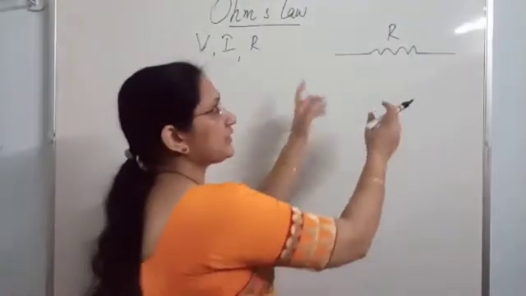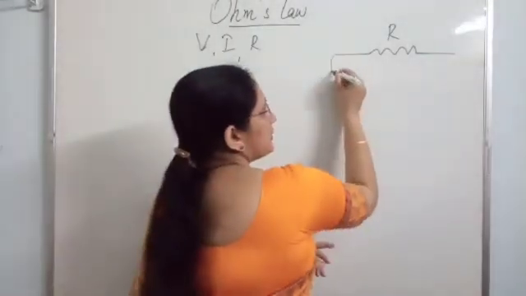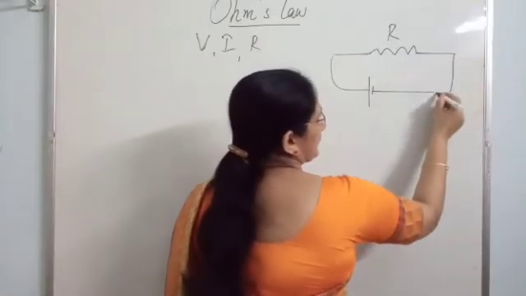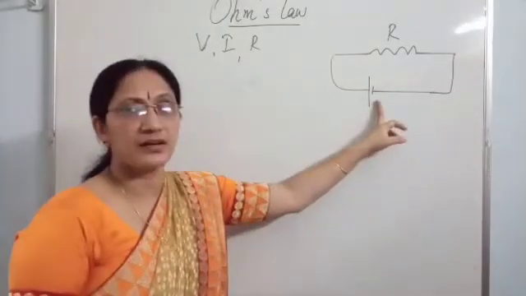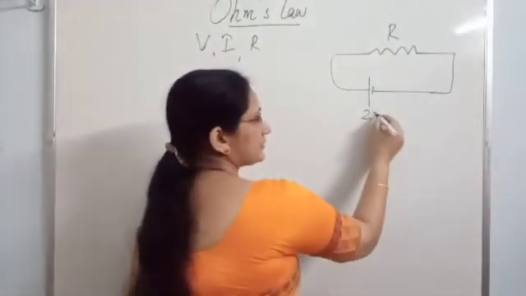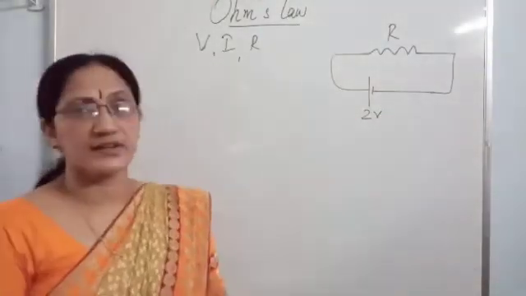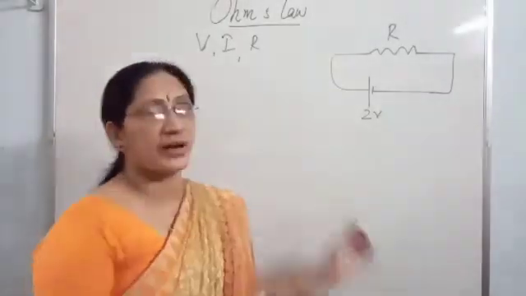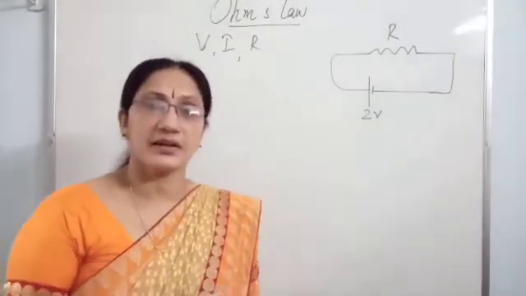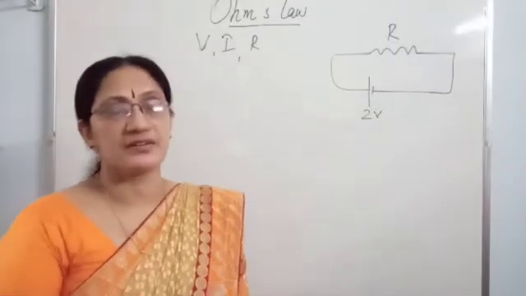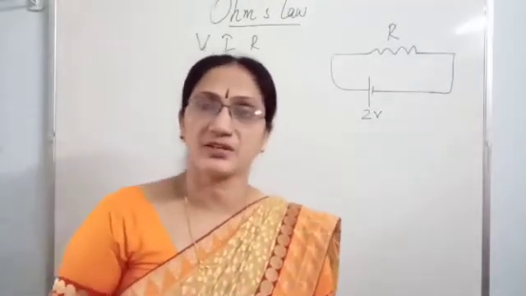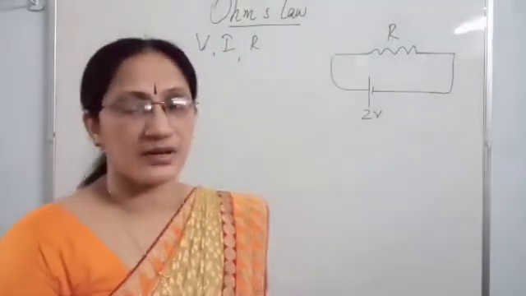So here I am connecting the two ends of the conductor to a cell. This is the symbol of a cell. A 2-volt cell is connected across the resistor R. Then current will flow. We mark the direction of conventional current in the electric circuit. Conventional current is in the opposite direction to the electronic current.